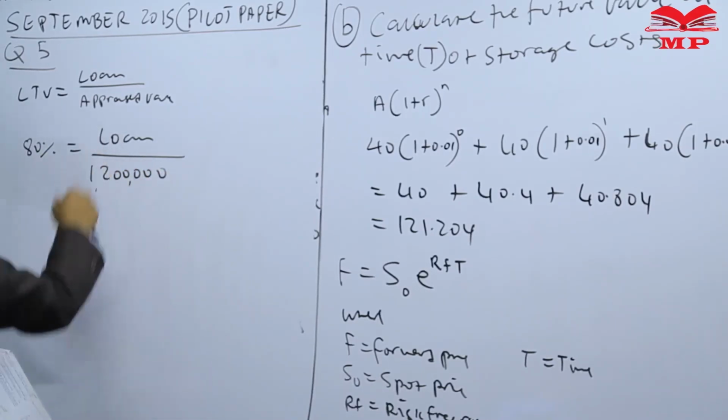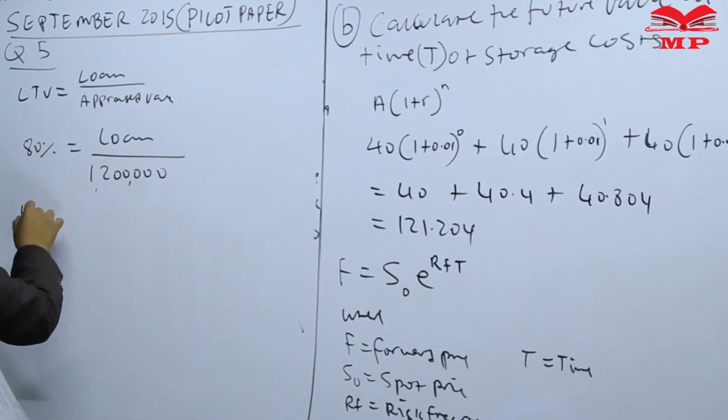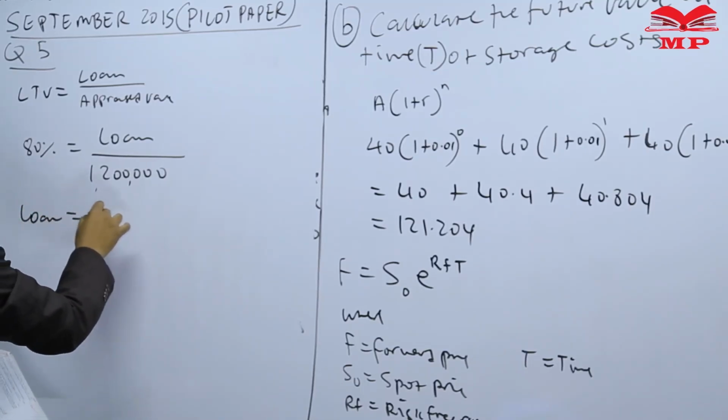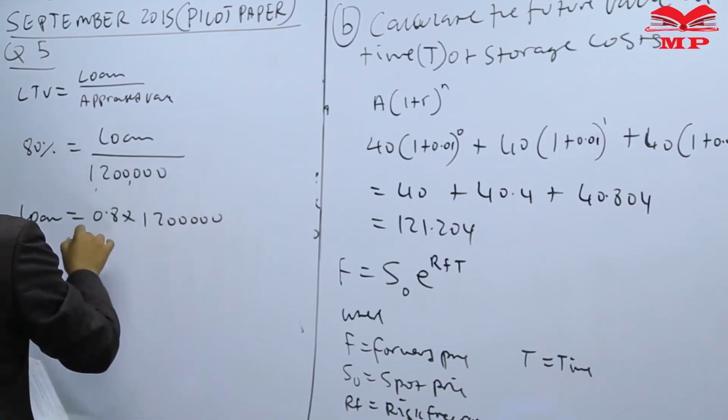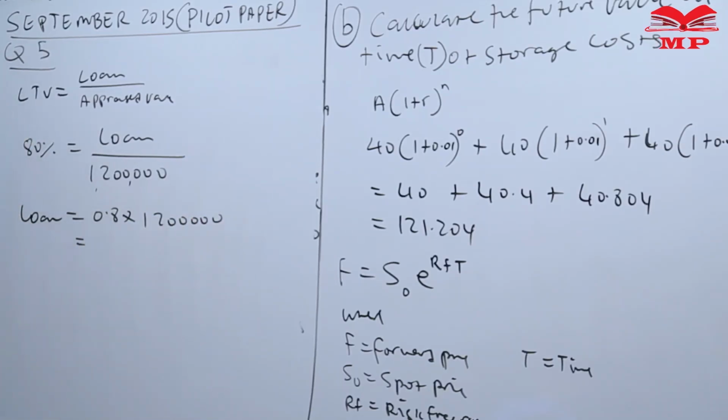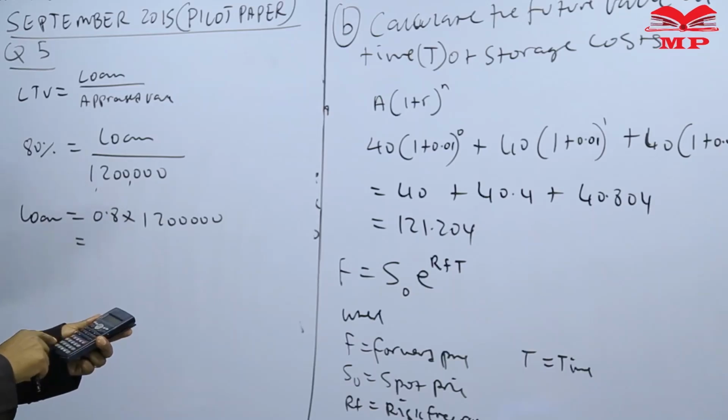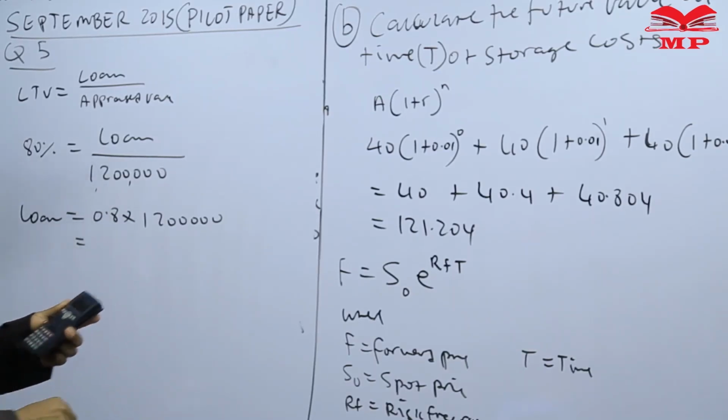If we cross multiply, the loan is 0.8 times 1,200,000, which is 960,000.